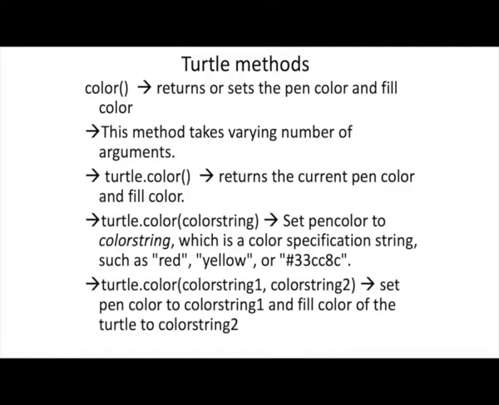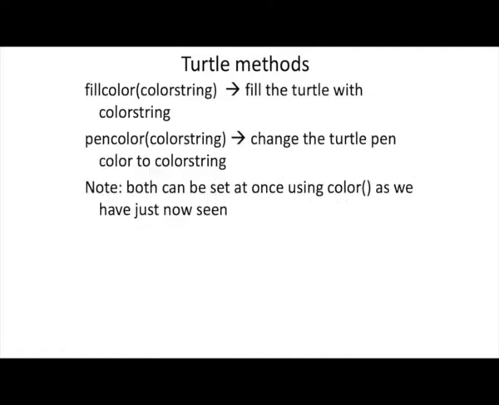Turtle.color with 2 arguments is also possible, which sets the pen color to color string 1 and the fill color of the turtle to color string 2. Fillcolor with a color string fills the turtle with the color string, and pencolor with a color string argument changes the turtle pen color to the color string. Note, both can be set at once using color as we have just now seen.